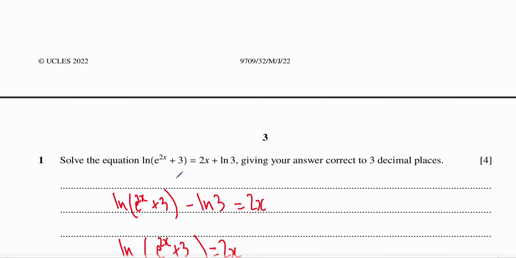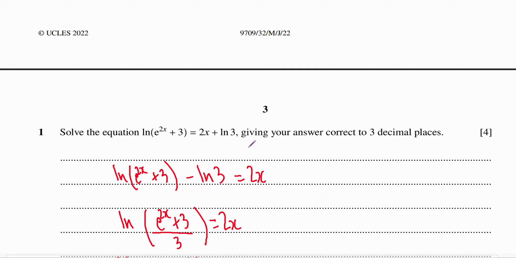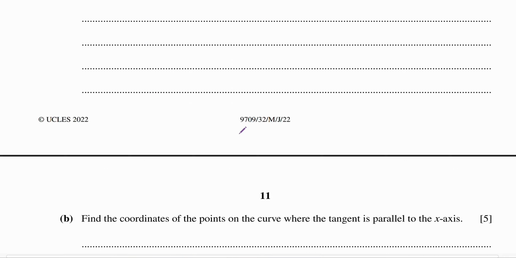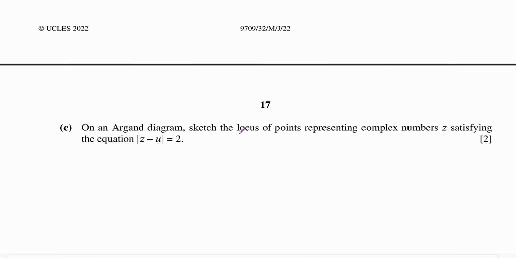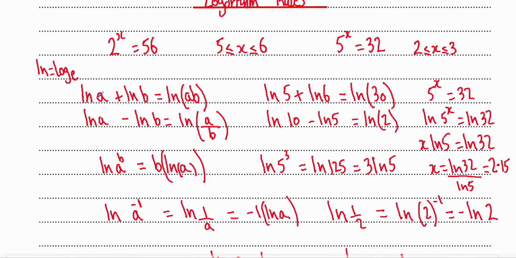So that means the natural log of e to the power 2 times 0.203, plus 3, is equal to 2 times 0.203 plus the natural log of 3. And we only have to use these very basic rules. You should probably take a picture of these rules or write them down on your own, and it will make sense to you. This is rule number 1. This is rule number 2.